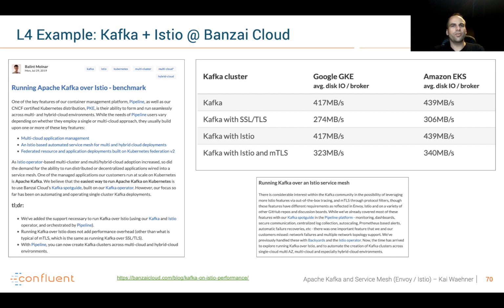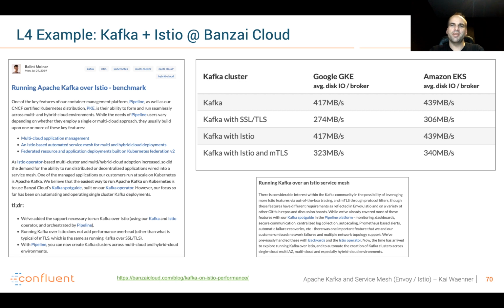What they are doing is running Kafka together with Istio, so that they use Istio and the service mesh to do SSL configuration in a proxy outside of the Kafka brokers. And the very interesting thing, which you see in the measurements, is that if they compare the combination of Kafka and Istio together, there's not even a performance trade-off by using the proxy for mutual TLS configuration.